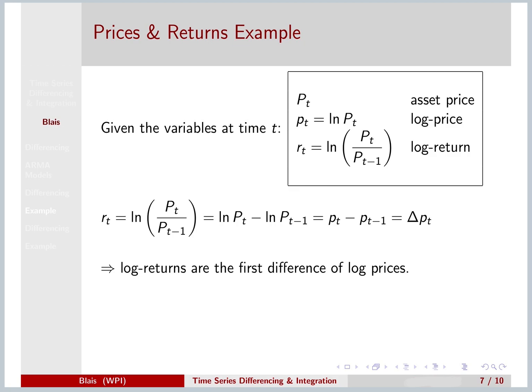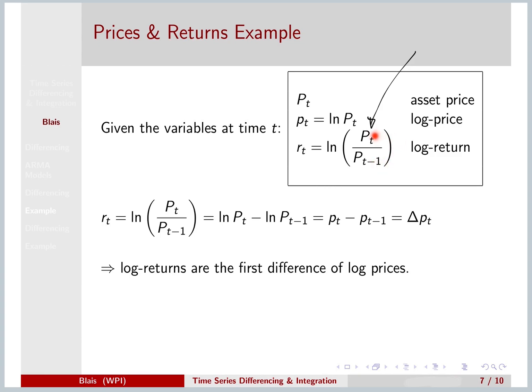As an example, if we have asset prices and returns, so first let capital P_t be our asset price at time t. Little p_t is the log price, and then r_t will be the log return. And so remember what we have here, suppose that P_{t-1} is 100 and P_t is 110.